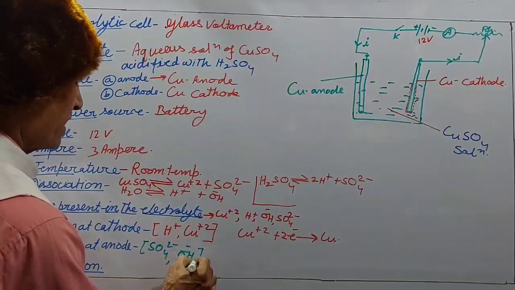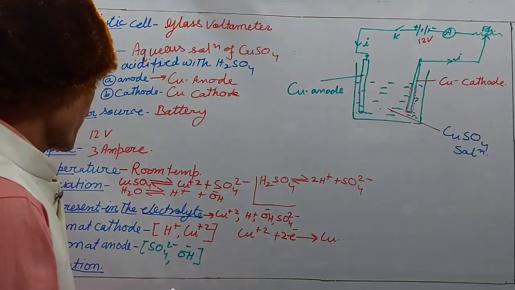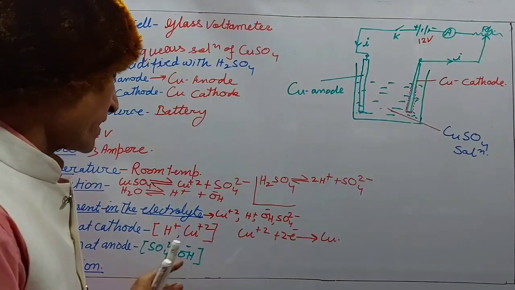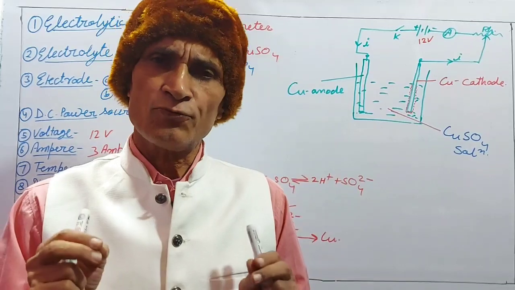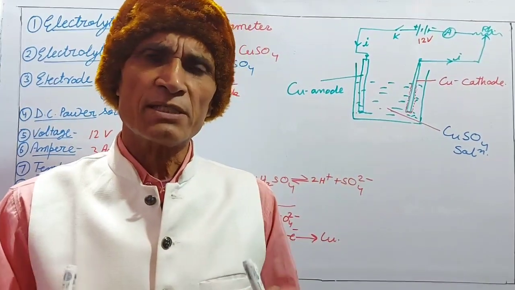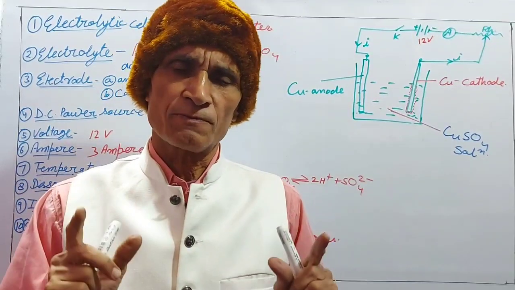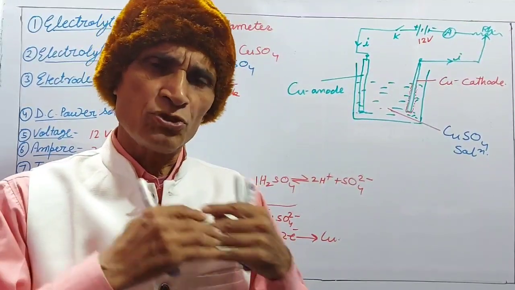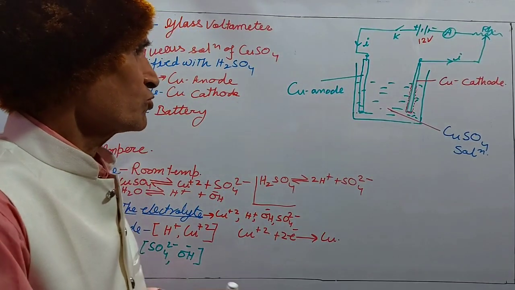Among these anions, neither SO4 2 minus nor OH minus is discharged, due to the nature of the copper anode. The copper anode itself undergoes oxidation, that is, it loses electrons to form cupric ions, and the ions pass into the solution.